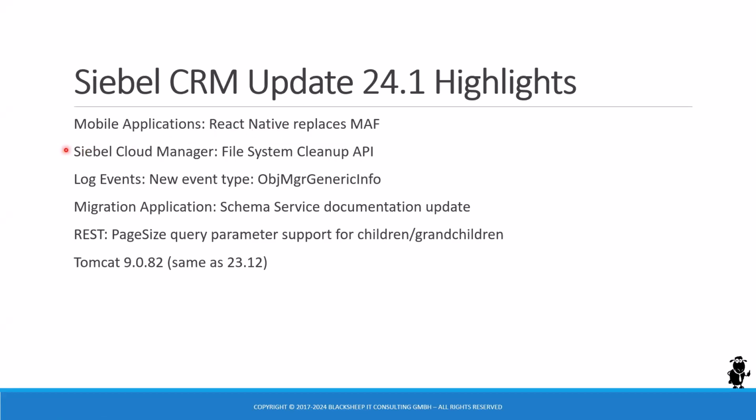There's news for Siebel Cloud Manager, for people who read log files, for people who use the migration application services, and for people who use the REST API. And the Tomcat update is actually the same. There's no new Tomcat in 24.1 if you compare it to the previous version, 23.12, which was the last time it changed its number.